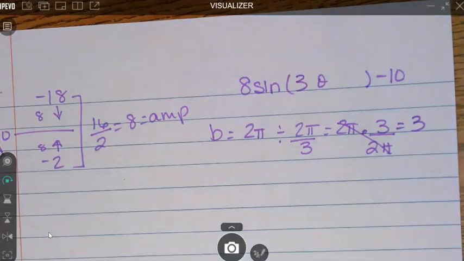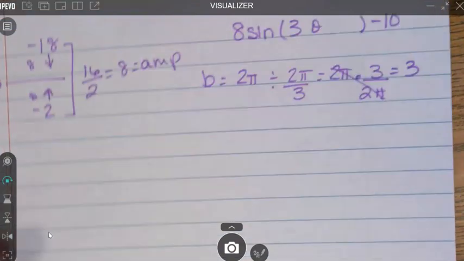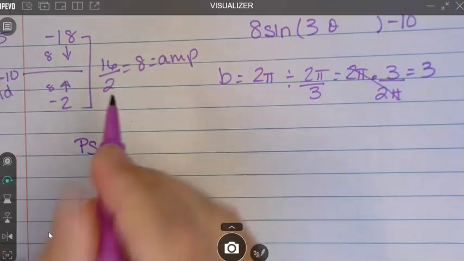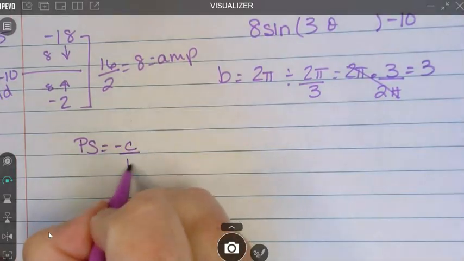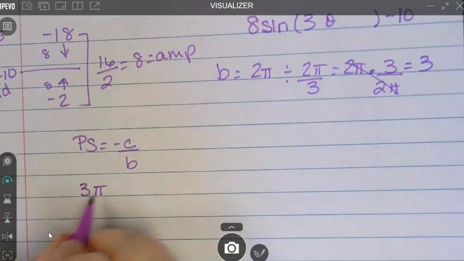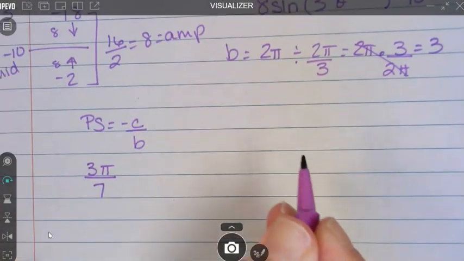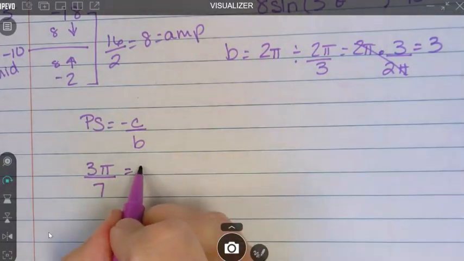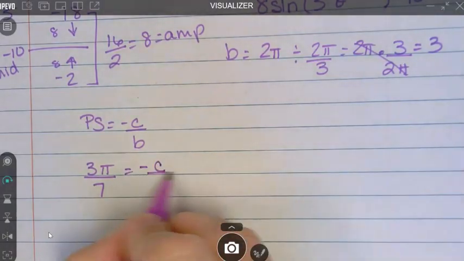Now here comes the part that is giving us the most grief, that phase shift. Remember, the phase shift formula is the opposite of c over b. They tell us the phase shift is 3 pi over 7. We don't know c, and b is 3.